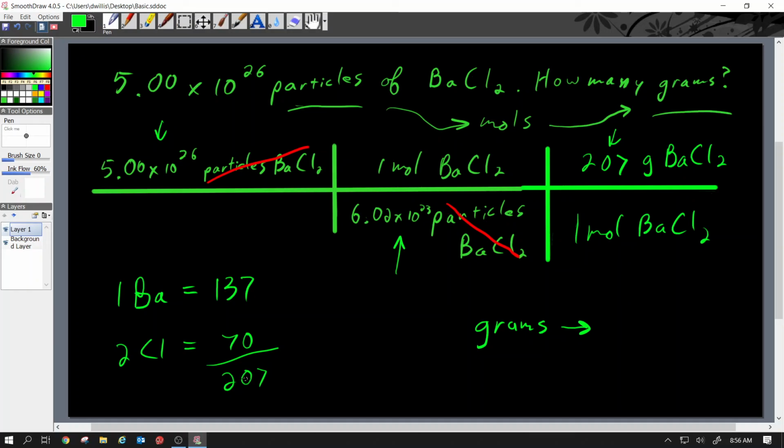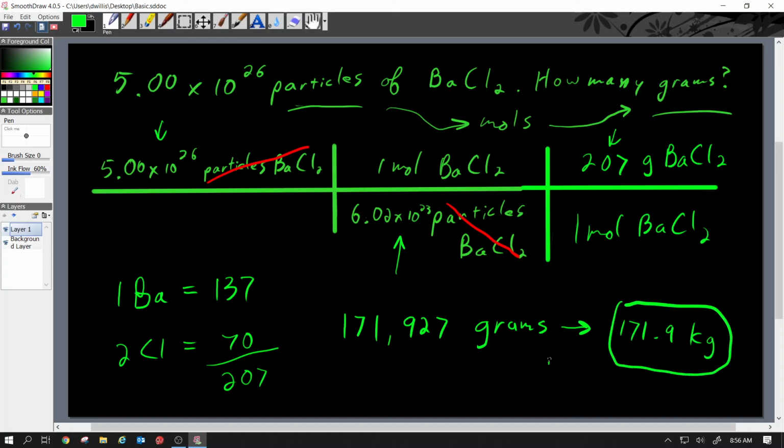Right here on the front row, tell me what you got. 171,927 grams, which then if we divide by 1,000, that would end up being 171.9 kilograms. Now they actually asked for grams, so we should report it in grams, and that's the number of grams. Okay, so you are absolutely correct. That's what I got as well.